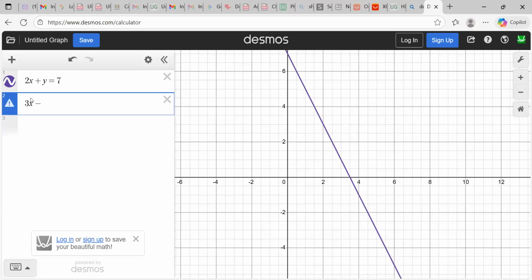Good. And that's your solution here, right? x equal 3, y equal 1. See, so they represent lines. That's why they call them linear equations, right? So this here, that's the solution.